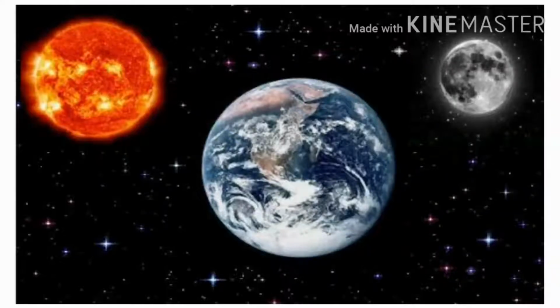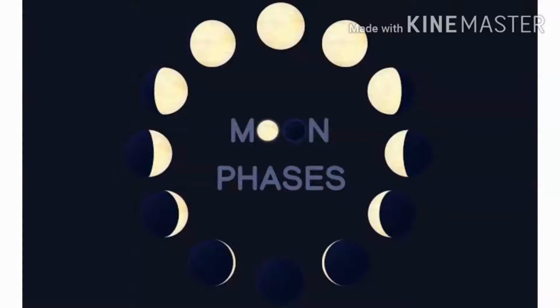This change in position of the moon between the sun and the earth creates the phases of the moon. Yes, children, now we are going to learn the different kinds of phases of the moon.